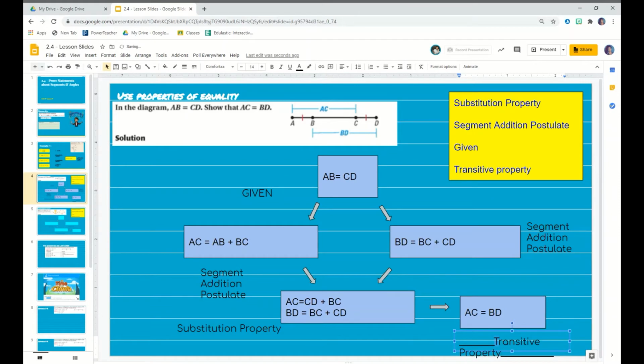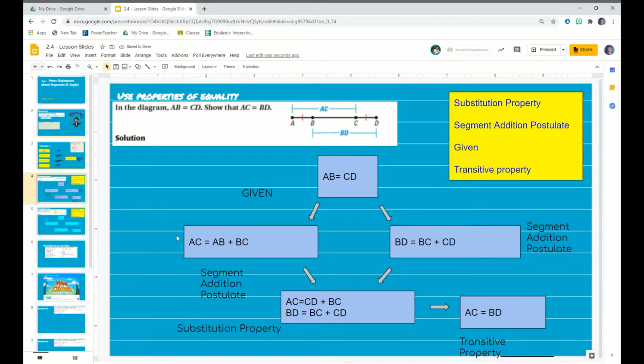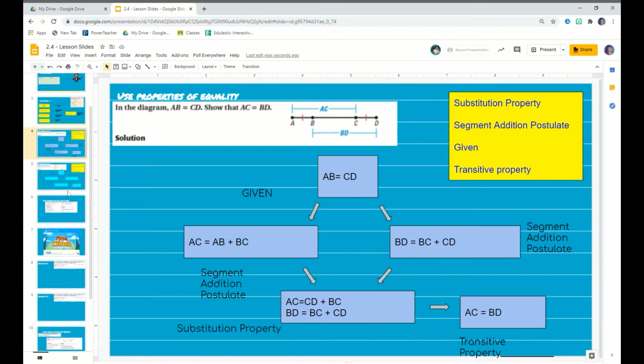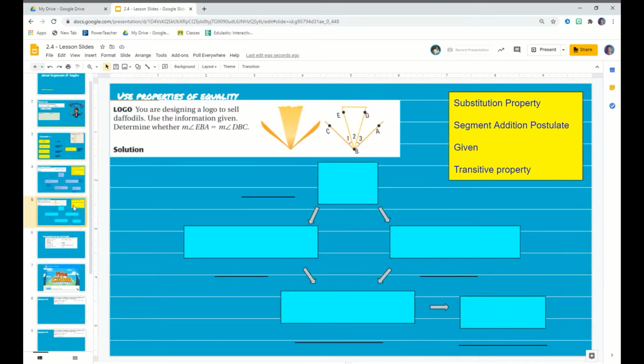So now, using statements 1 and 2 together, you're coming up with 3. Statement 3, as you can see, is AB plus AB is equal to AB plus BC. If you examine statements 1 and 2, they're both equal to AC. So this is actually the transitive property. Okay.